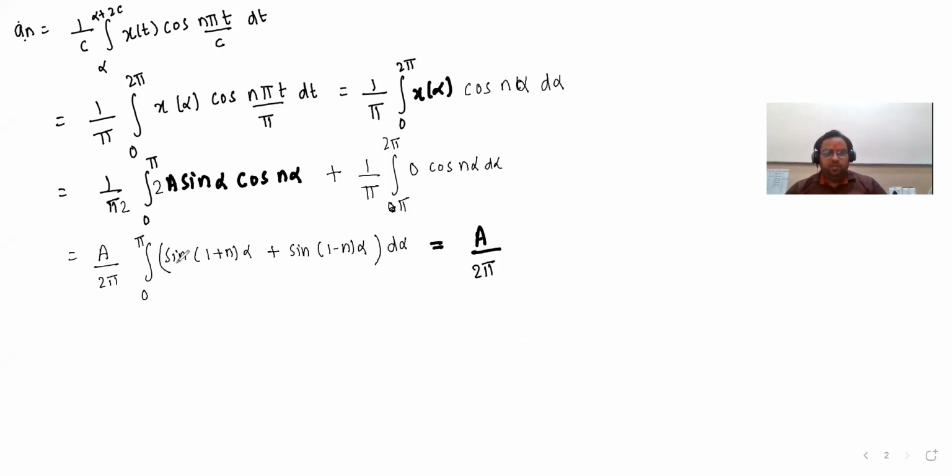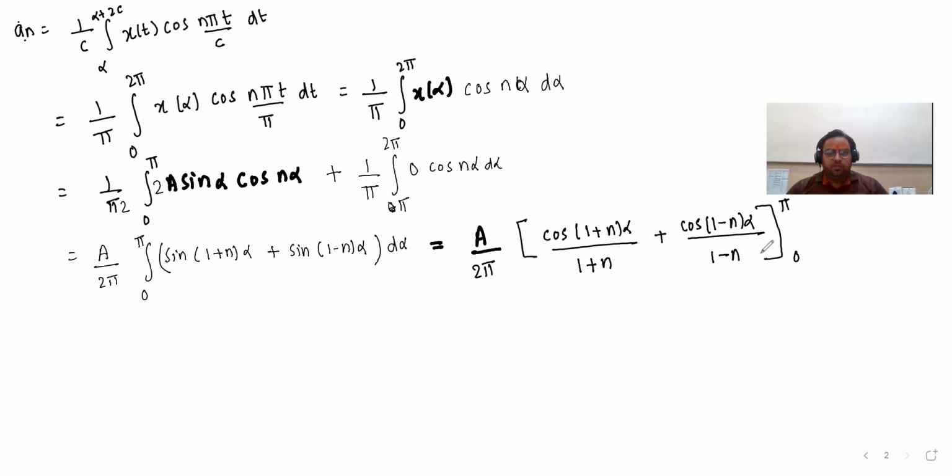Now we can see the integral of sine (1 plus n) alpha d alpha. So that will be essentially what? That will be minus cos (1 plus n) alpha divided by 1 plus n, and minus cos (1 minus n) alpha divided by 1 minus n. And this varies from 0 to pi.